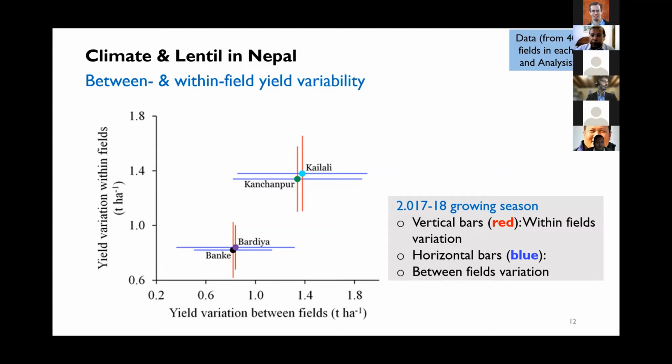And more interestingly, you can see the red bar, that is the vertical bar. This is very important to note. This is the yield variation within a field. So we expect yield variation between fields, but we usually don't expect yield variation within a field. As you know, there are many reasons for that.